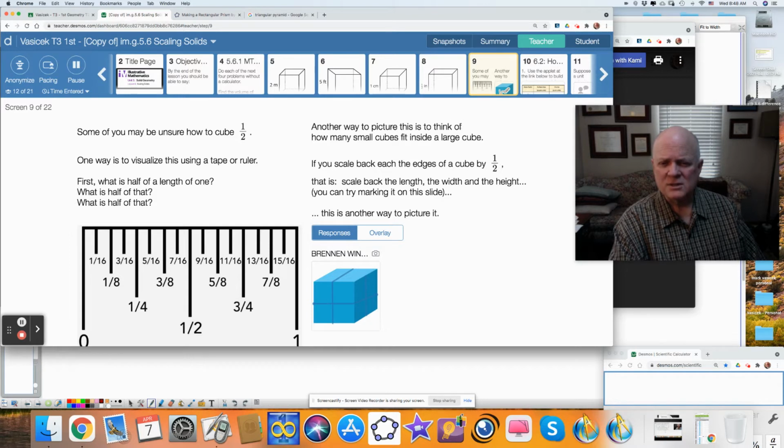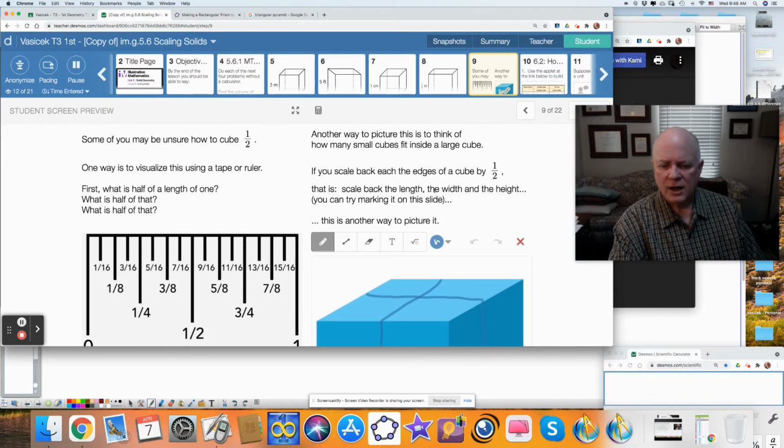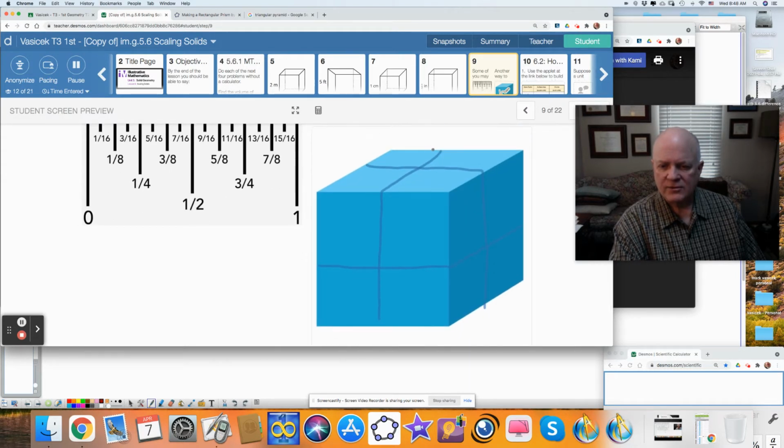Another way of doing this is to picture how many cubes you could fit into a large cube. If I had a large cube here, and I divide it up, half of it for the bottom, and then I take it half this way. Can you see one of these, when I divide it by half, it's going to be 1/8.